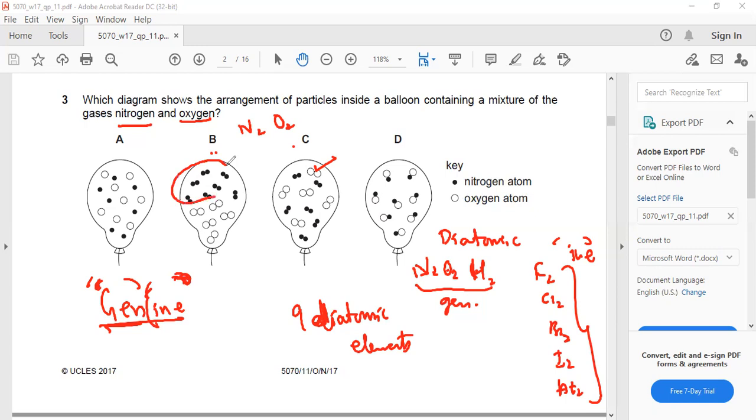You see, all one type of molecule here, another type here, but the elements are arranged randomly. So C is the answer. Why D is wrong? Because two different atoms. Why A is wrong? Monoatomic.